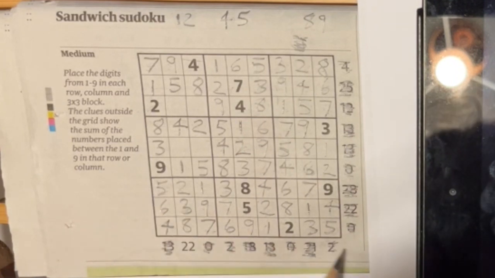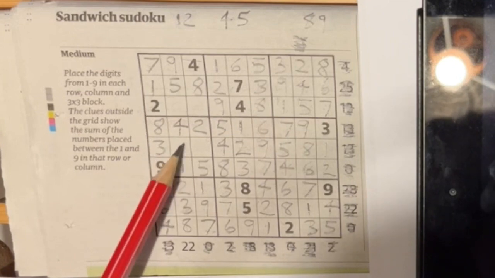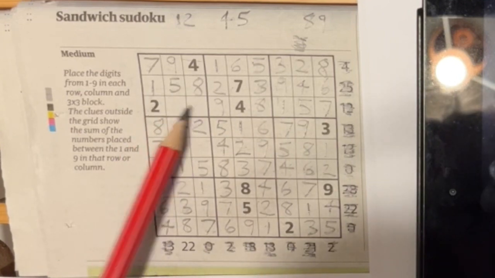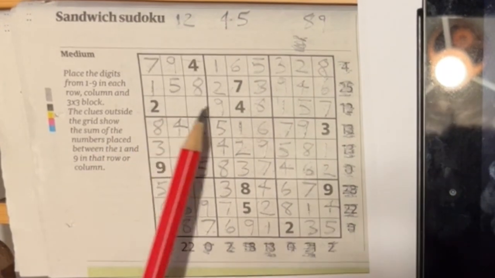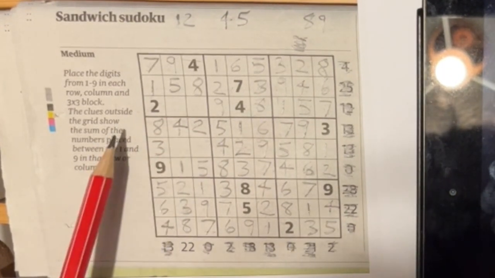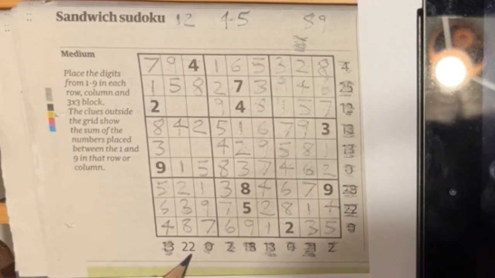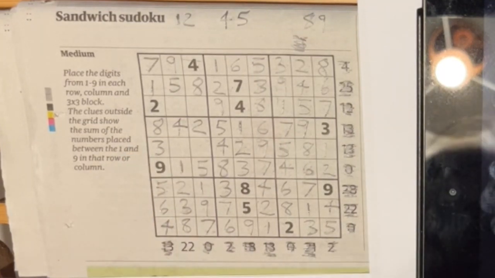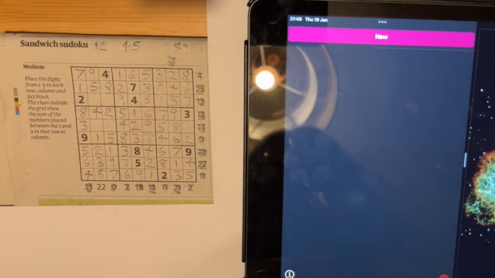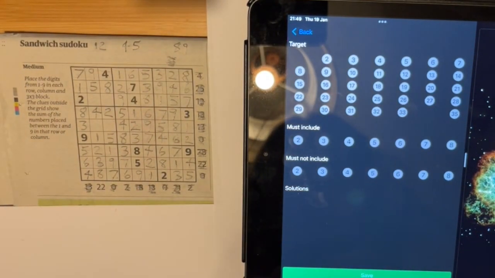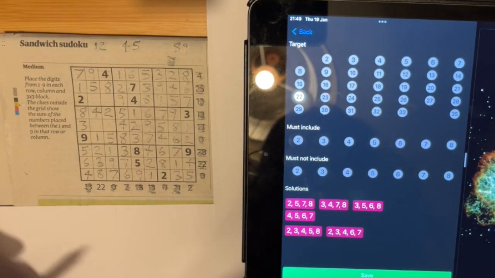And now this is the end game. I imagine we're not gonna know which ones these can be. So it's time for us to use this 22. And my iPad has fallen asleep because we've not used it. So let's fire it up and ask for a 22.